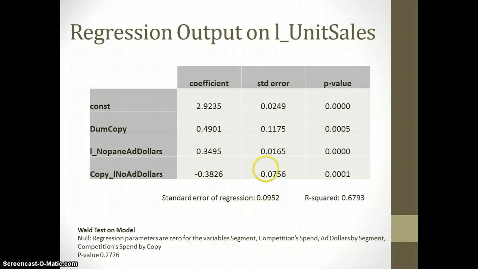So here in this model, we see that the type of copy, emotional versus rational, and the spending are significant, which we suspected from before.